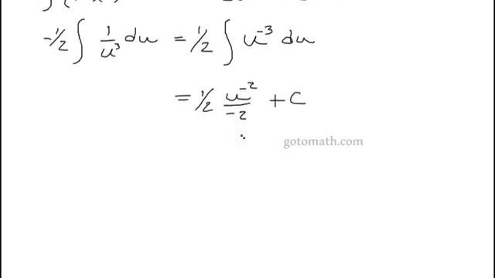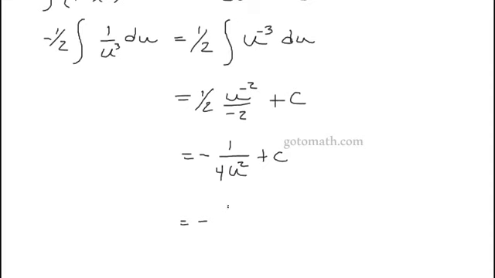Now we want to go back and do our, well actually, let's do this first. I'm going to take this negative and bring it out front. 2 times 2 is 4. And let's take that u down into the denominator. There we go.